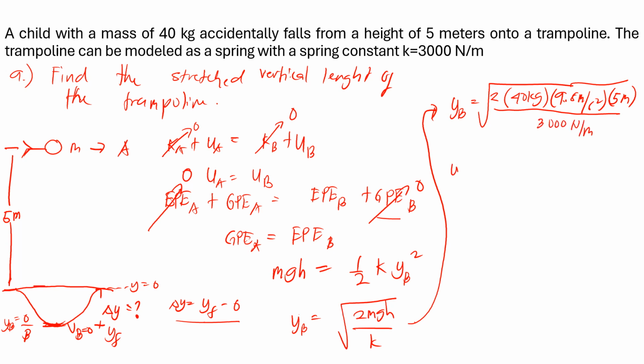So 2 times 40 times 9.8 times 5 divided by 3000 is actually 1.14 meters.